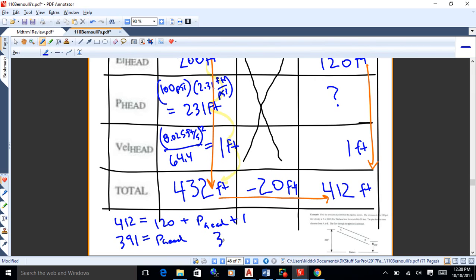And then you take 391 feet and multiply that by the 0.433 psi per foot. 291, thank you. I have trouble with that. And that comes out to be, what is that, 126 psi? There you go. So that's how I'd actually work this thing out.